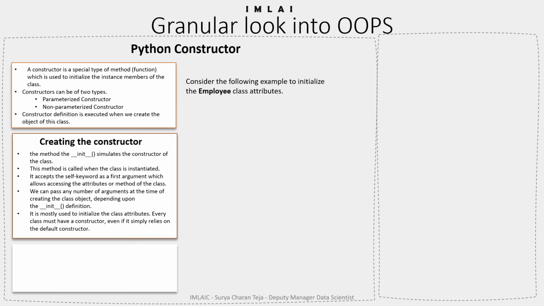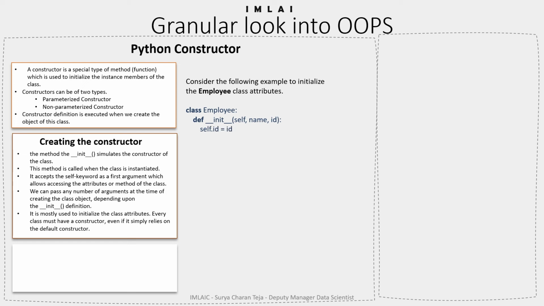Now let's take one example. Consider the following example to initialize the employee class attributes. Now we are becoming more realistic. Our examples are more realistic and more industry oriented. The name of the class is Employee, and I used the double underscore init double underscore function to add attributes.